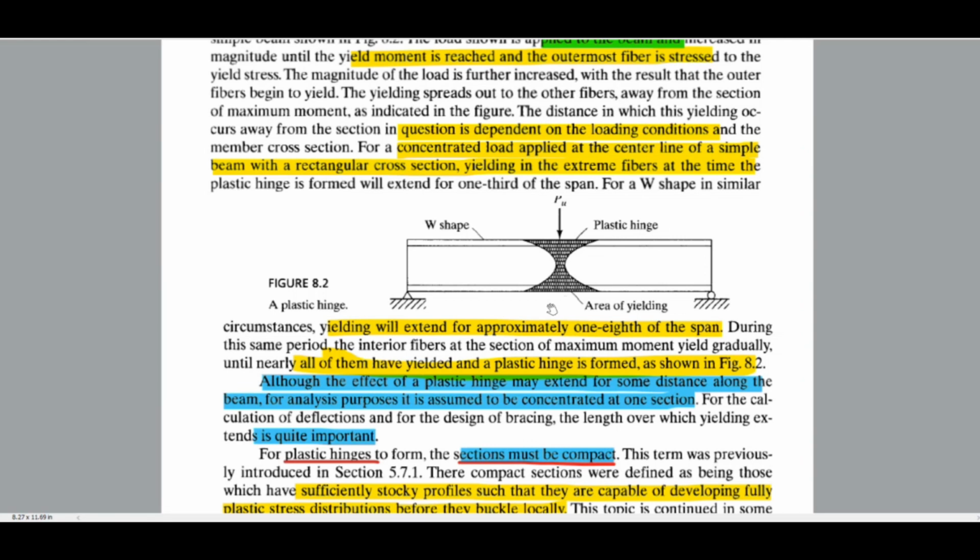Although the effect of a plastic hinge may extend some distance along the beam, for analysis purposes it is assumed to be concentrated at one section. For the calculation of deflections and for the design of bracing, the length over which yielding extends is quite important.